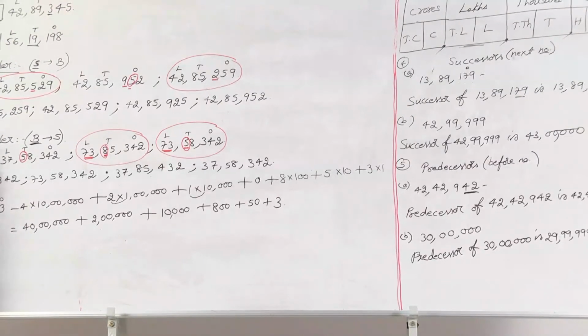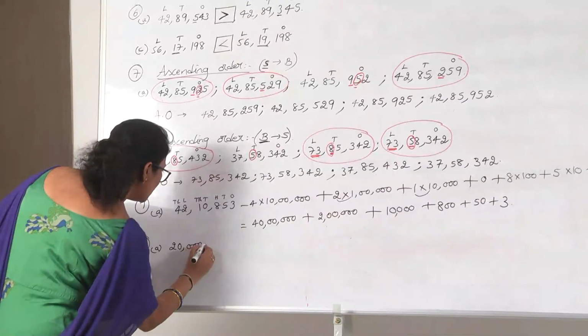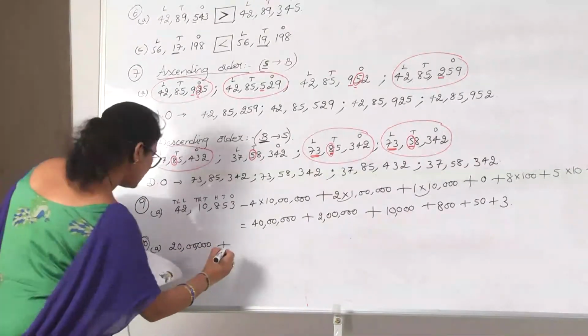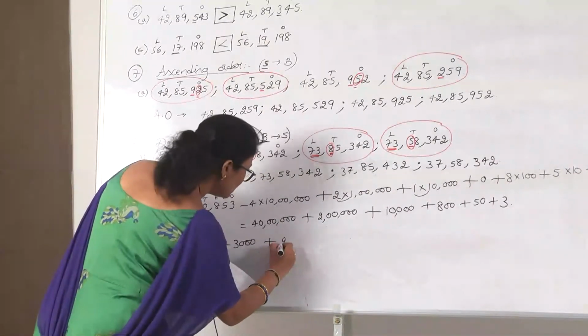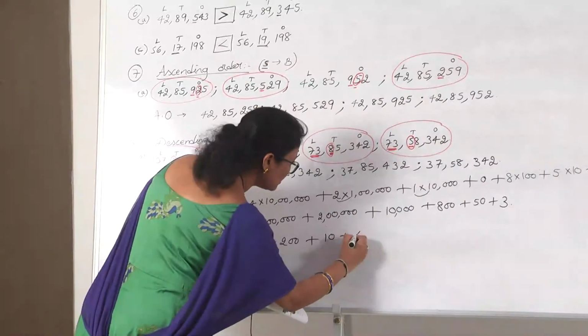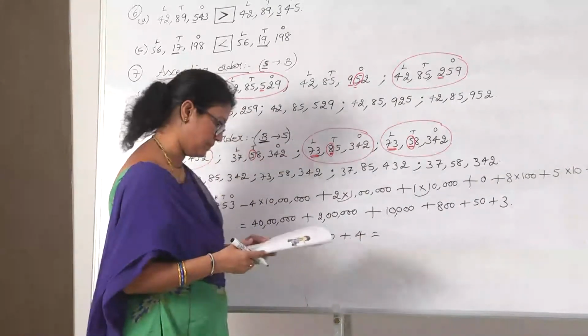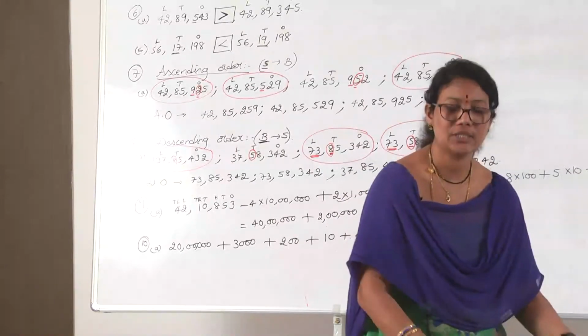It is 20 lakh plus 3000 plus 200 plus 10 plus 4. Now, it is asked to write it in the short form, right children.